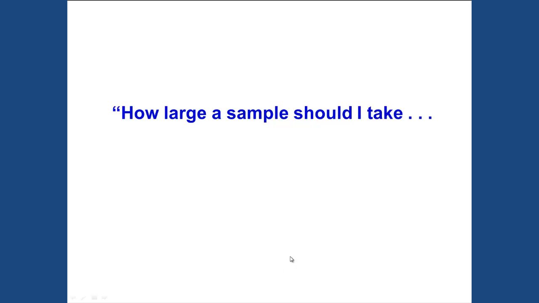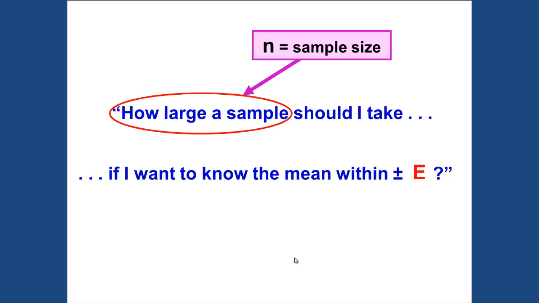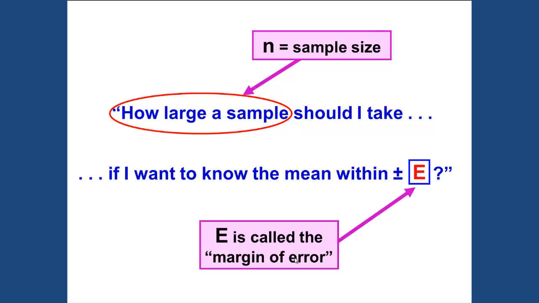How large a sample should I take if I want to know the mean within a plus or minus E? So how large a sample is our sample size? How many items should I have in my sample? And E is our margin of error.